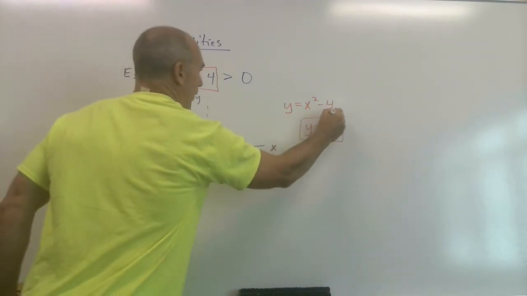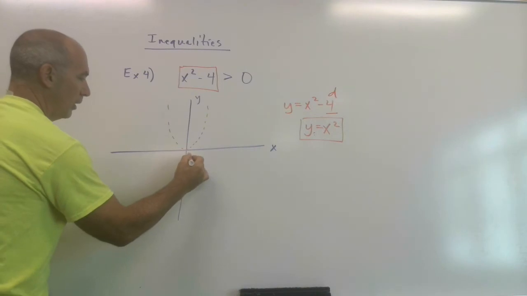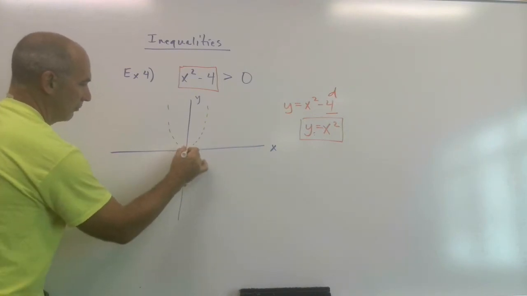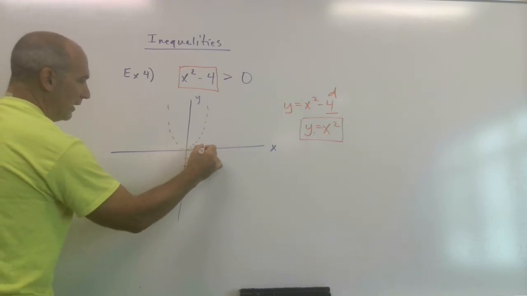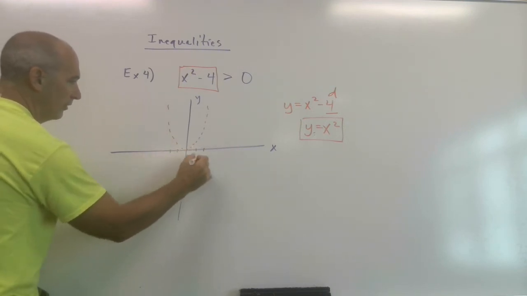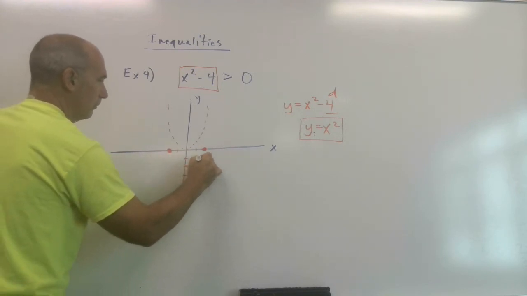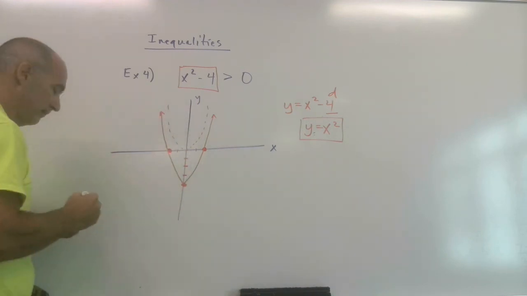But now we're going to drop that down 4 because that is my letter D. So I'm going to go 1, 2, 3, 4. That's where the vertex goes. And if you actually did it on decimals, you could clearly see that it goes through 2, 0 and negative 2, 0, which end up being very significant points.